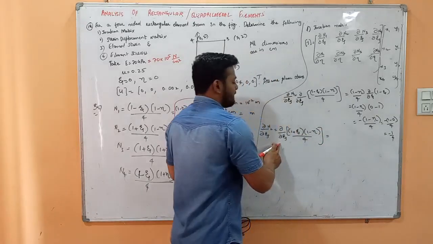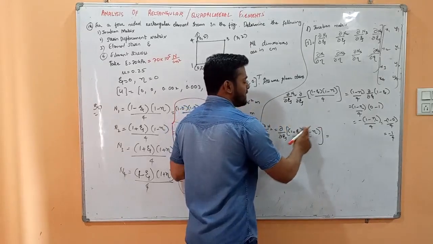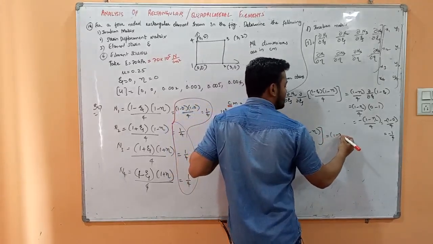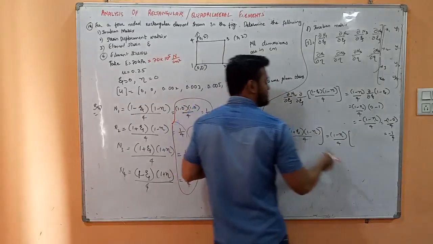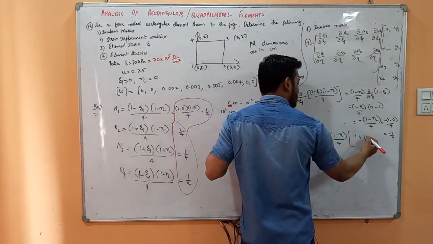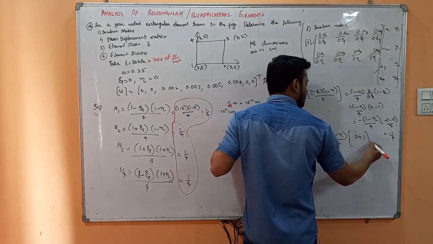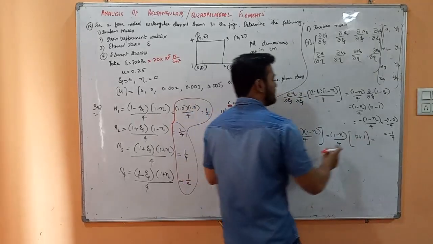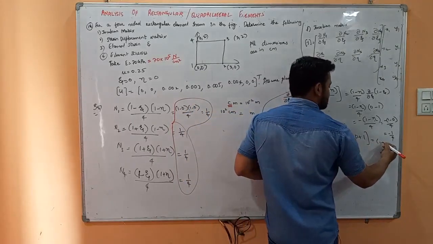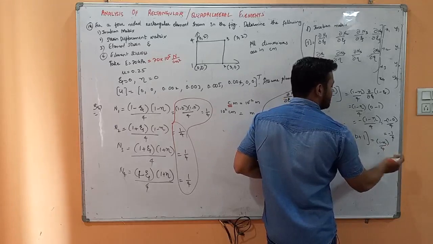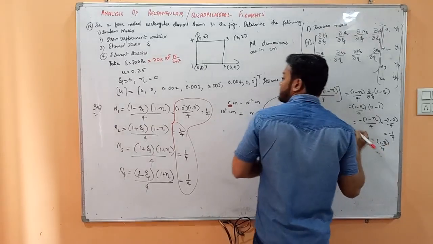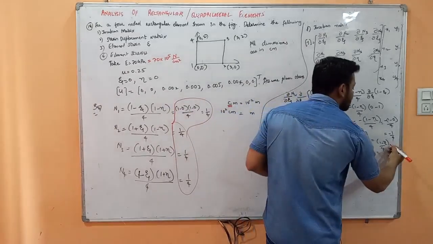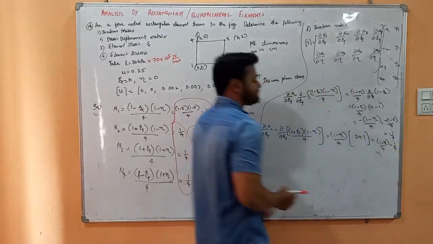Differentiation with respect to xi means the (1 minus eta) by 4 part is constant, so we can take it outside the differentiation. The differentiation of (1 plus xi) will become 0 plus 1. Finally, I am going to get (1 minus eta) by 4. If we substitute eta, which is given as 0, this will become 1 by 4.